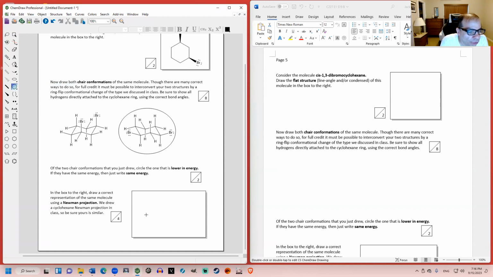Next, draw a Newman projection. That will take me a while in ChemDraw, so maybe it's good that we have so much time left.